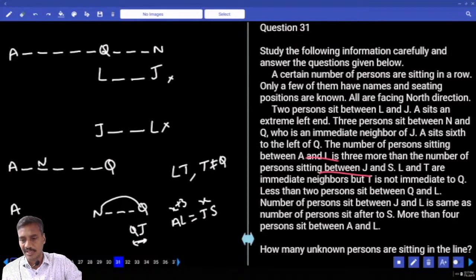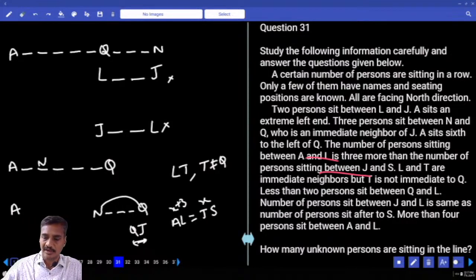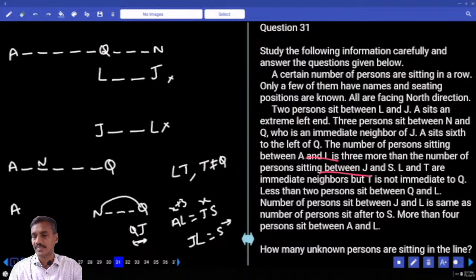And less than 2 persons between Q and L. Now between Q and L, how many persons are there? Less than 2 persons. Number of persons between J and L is the same as after S. And more than 4 persons sit between A and L. Now in between A and L, more than 4 persons, isn't it?